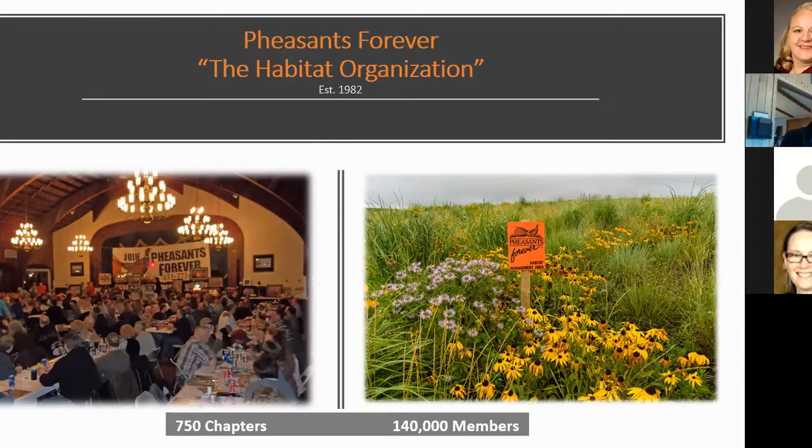At those local banquets, every dollar that's raised locally gets decided how it gets spent locally. The only thing that comes back to the national organization is a $35 membership, and that's where we get the 130 to 140,000 members. So locally we're known for banquets, but we are the habitat organization, and our focus and our mission is habitat.